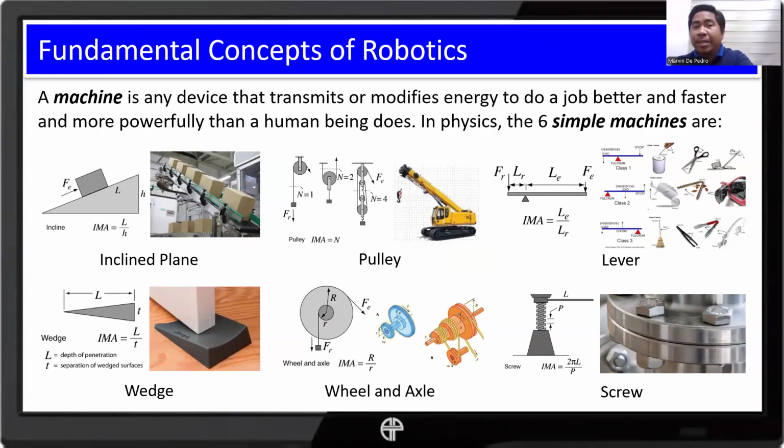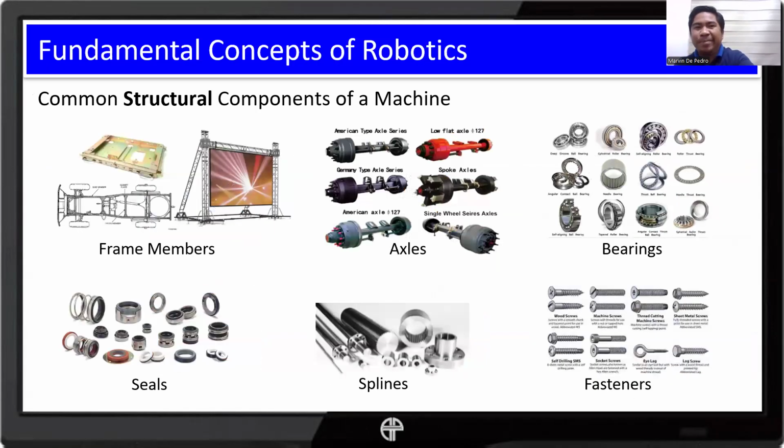We're not going to dig deep on these concepts, but it will be better if you know these things. But it's not our priority, because our priority will be in the last section of this module.